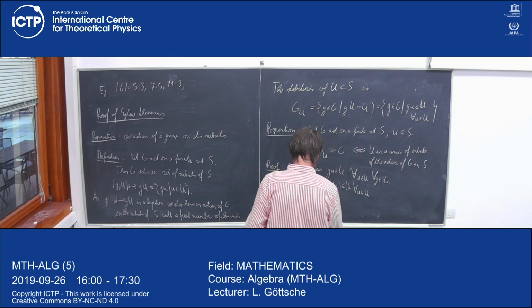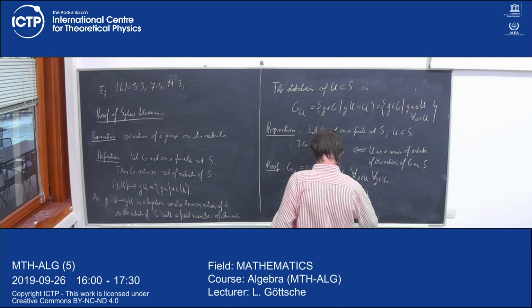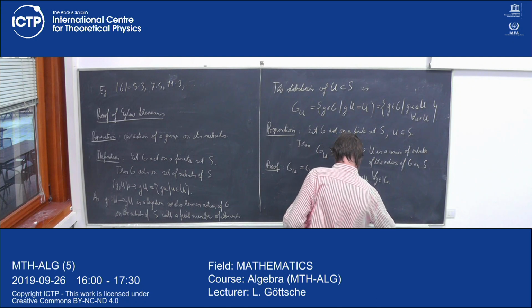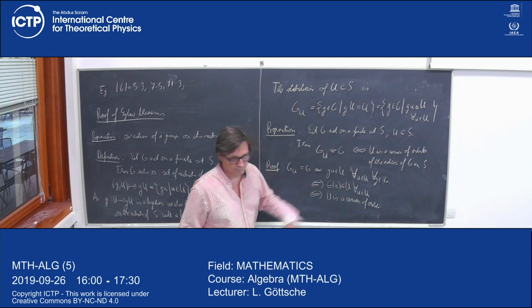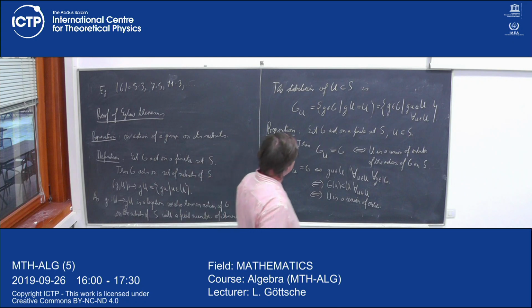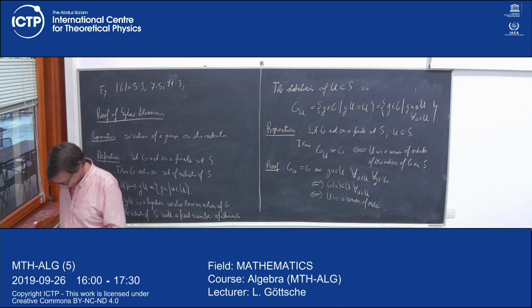And this is the same as saying that u is a union of orbits. It's just the union of all the gu for all elements in u. Okay, so there's nothing there, but we will use it.